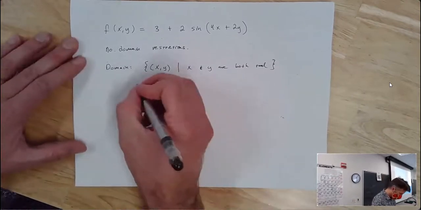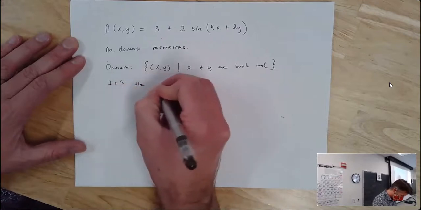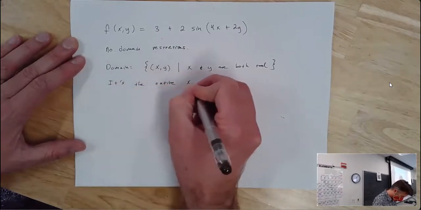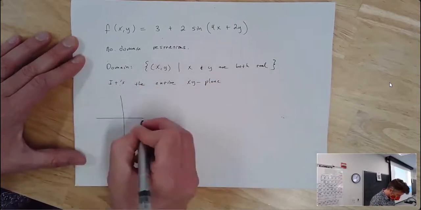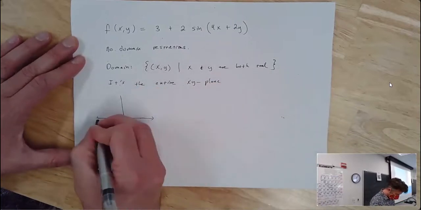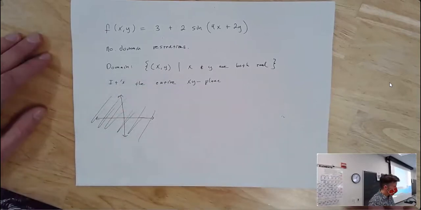Or alternatively, it's the entire plane. If you wanted to draw it, it wouldn't be very exciting. You would draw your XY coordinate system, and then you would shade the whole thing in. How exciting.